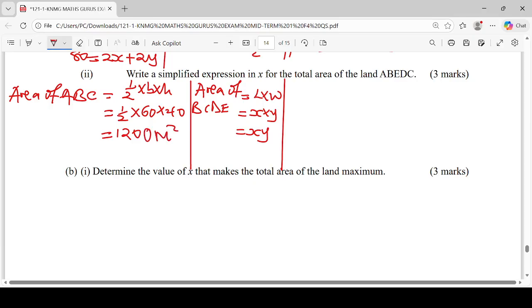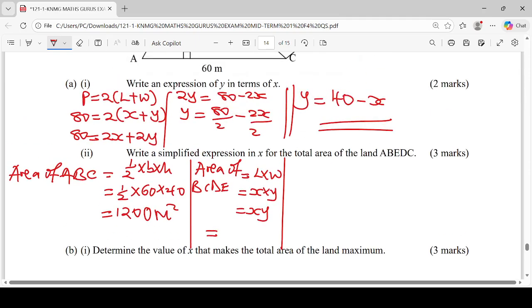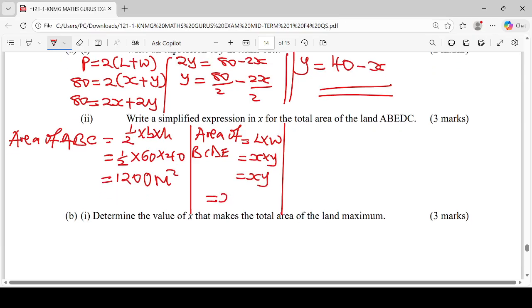Then the area of BCDE is length times width, which is x times y. But remember, we had said y is equal to 40 minus x. So this can be written as x into 40 minus x. So that area becomes 40x minus x squared.